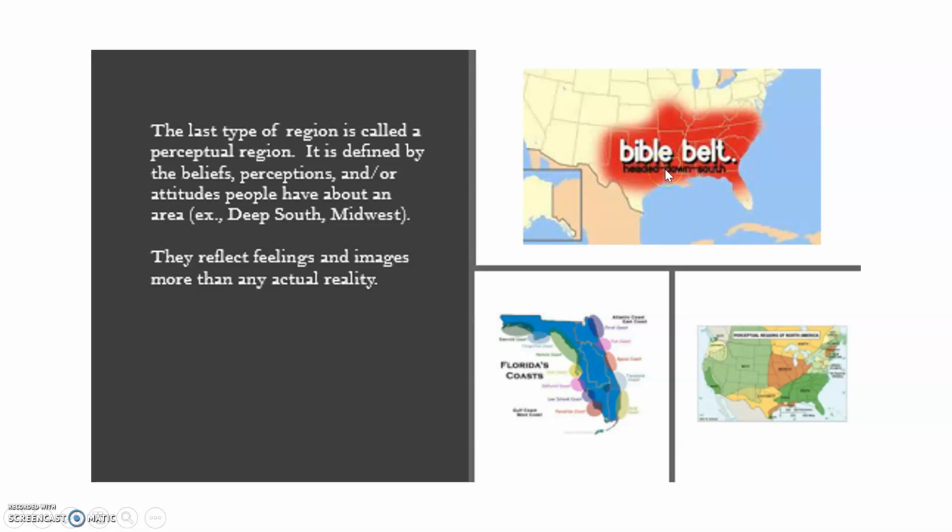It does not have strict boundaries. These perceptual regions reflect feelings and images more than actual reality. For instance, down here on this bottom left, these are Florida coast regions, and they are just perceptual. There's no specific region for this.